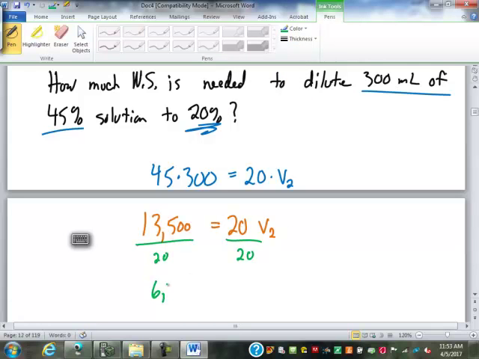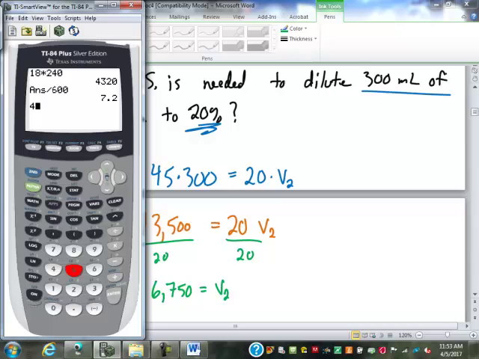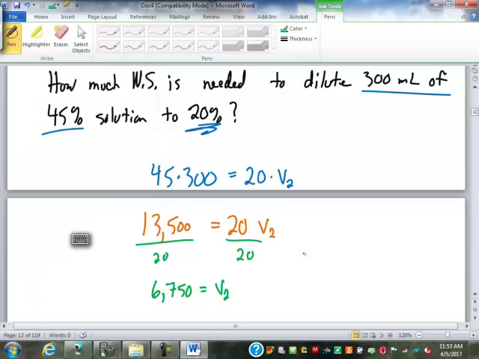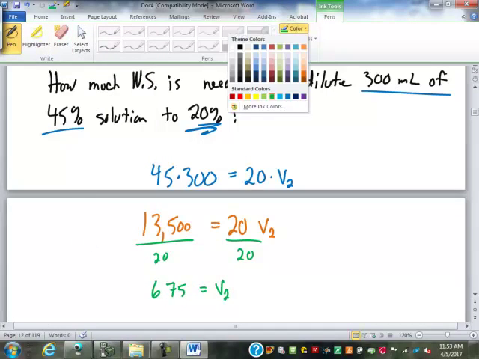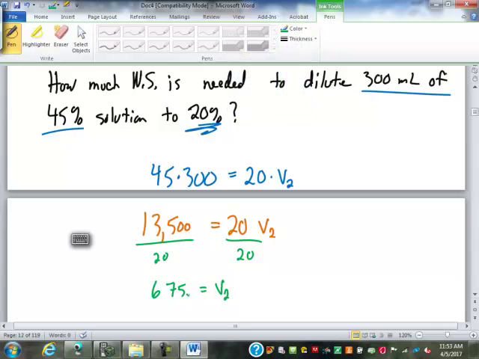So what do we get? 6,750 equals V2. Does that look right? Yeah, the extra zero. 675 should be V2. There we go. That looks better. So 675 milliliters is the new volume, but that doesn't answer the question. We're asked how much NS needs to be added to dilute this solution.